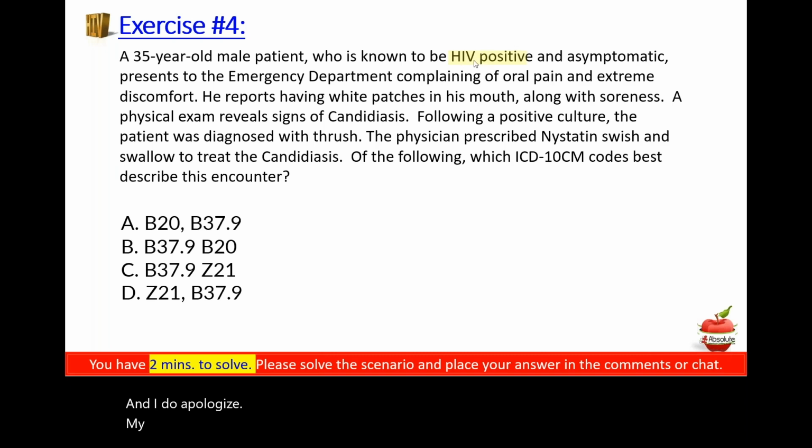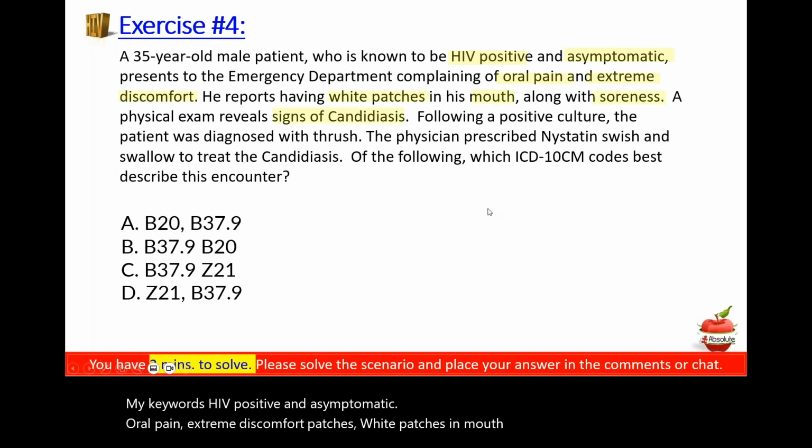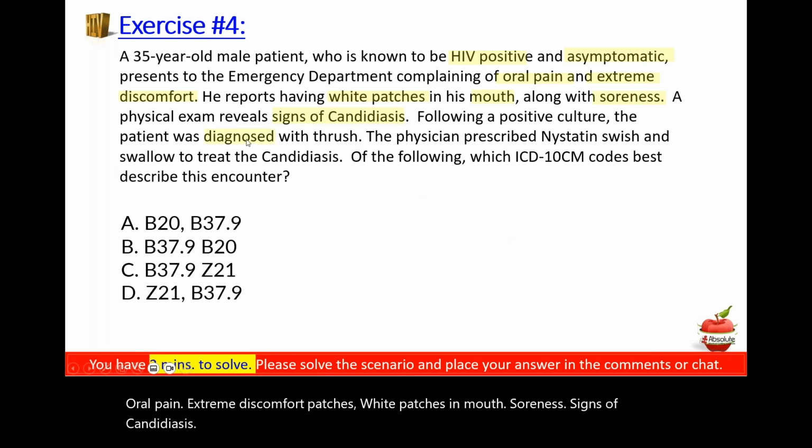My keywords: HIV positive and asymptomatic. Oral pain, extreme discomfort, white patches in mouth, soreness, signs of candidiasis, thrush, candidiasis.